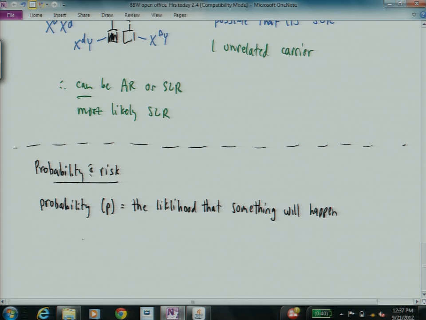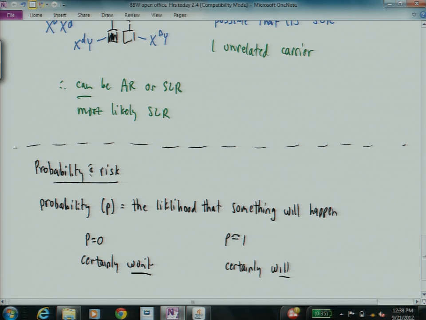And probabilities range from P equals 0, which certainly won't happen, to P equals 1, which certainly will. In real life, the only two events with probability 1 are death and taxes, as they say. Other than that, everything has a slightly lower probability than 1. I suppose there are some things with probability 0, but we don't have to discuss them right now.